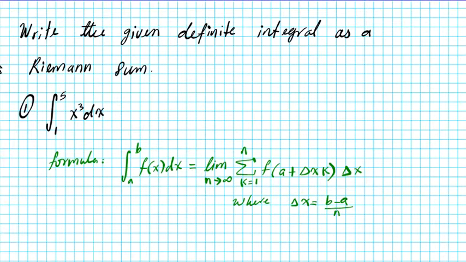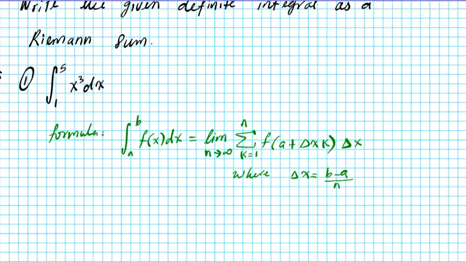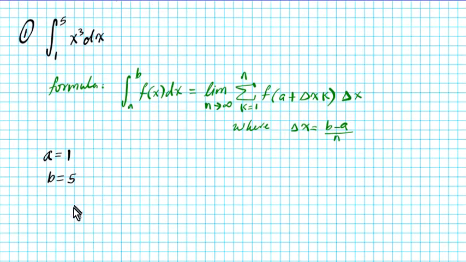So what do we need here? We basically need a and b and what the function is, and then we should be good to go. A is the lower limit of integration, which is 1. B is the upper limit, which is 5. We also need to know the width of each subinterval, delta x.